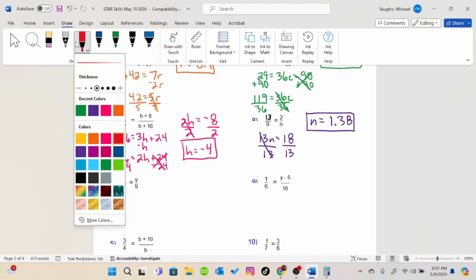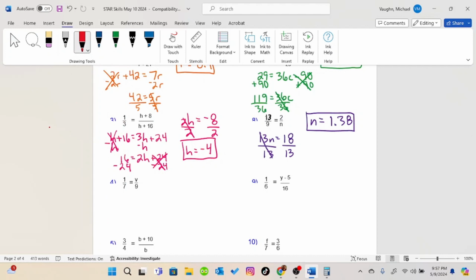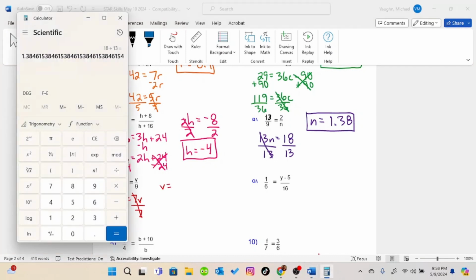Number 4. We cross multiply. 1 times 9 is 9, and 7 times v is 7v. Divide both sides by 7, and v equals 1.29.